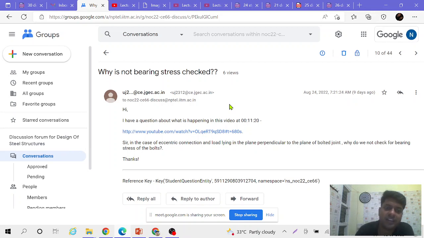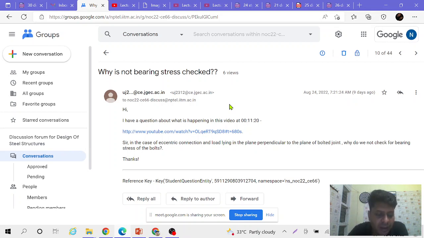Actually, his concern is right, because when the load lies perpendicular to the bolted connection, in those questions we design for direct shear and for tension and compression coming in the bolts, but we are not concerned about the bearing part.